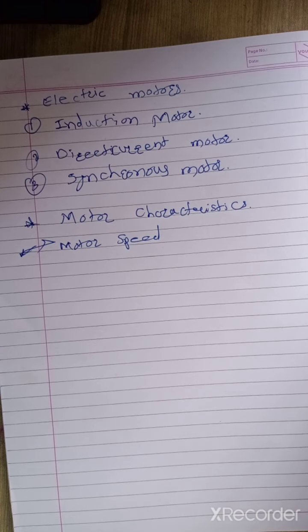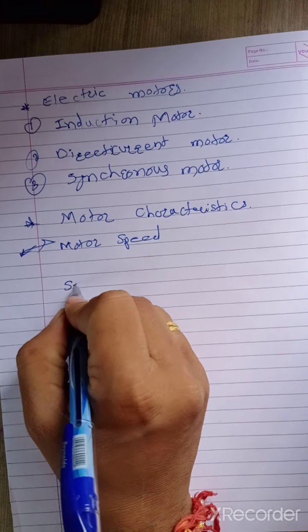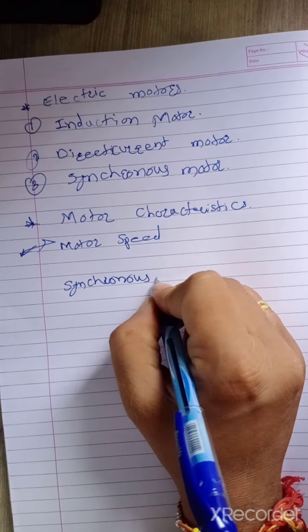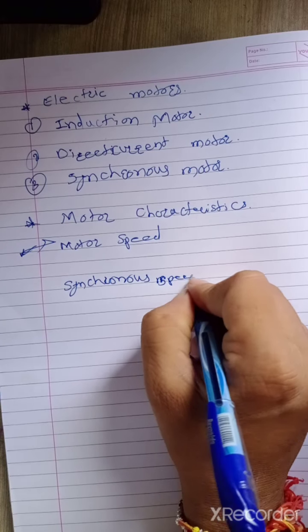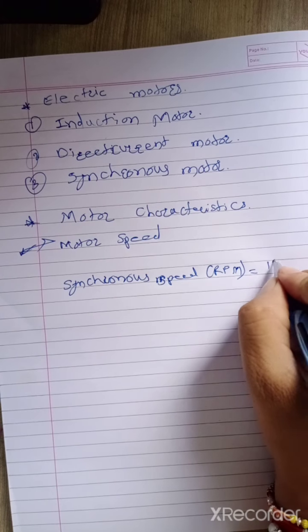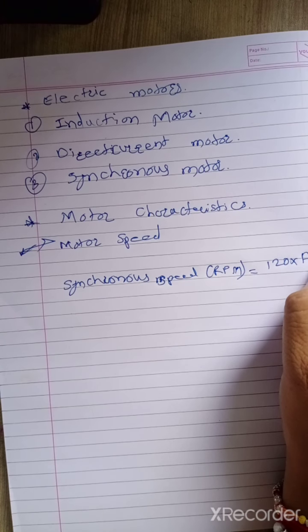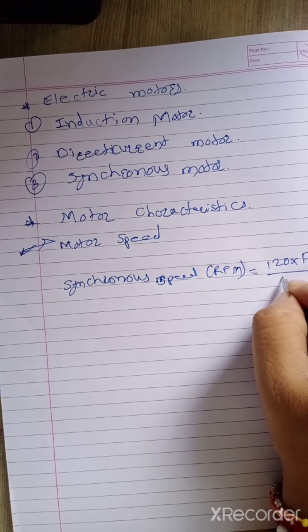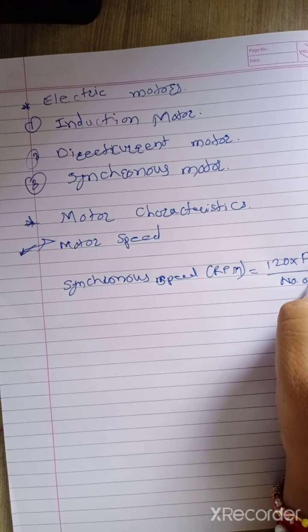The synchronous speed in RPM is given by an equation where the frequency is in hertz or cycles per second. Synchronous speed in RPM equals 120 times frequency divided by number of poles.